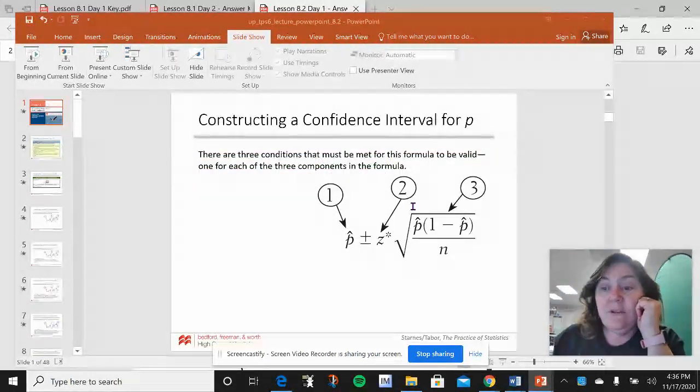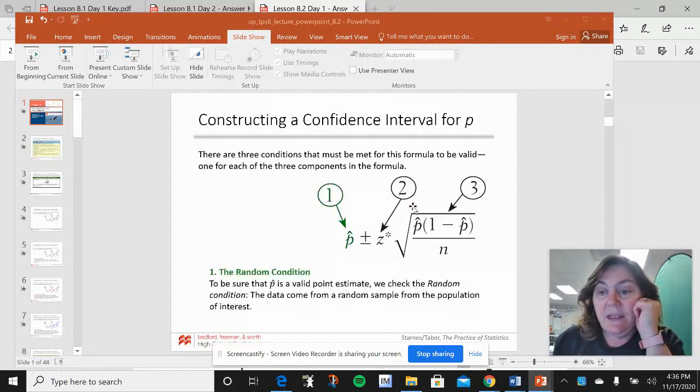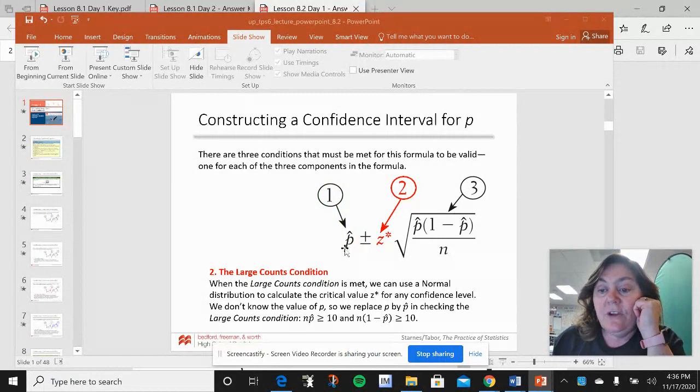Okay, we know that there's 3 conditions that must be met to use the formula. The first condition is that this has to be random. We've talked about that, and you have to check that it's been random. Lots of times it's given in the problem, or it could be a random phenomenon. Then the large counts.